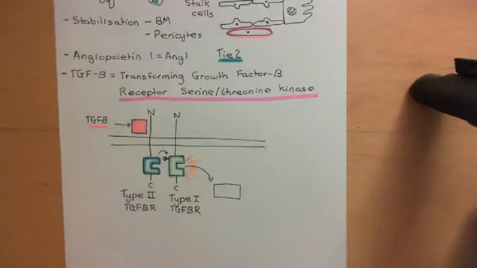Okay, so that's how transforming growth factor beta acts on endothelial cells, and again, it amounts to the same thing. Epigenetic changes are what the receptor activation produces.